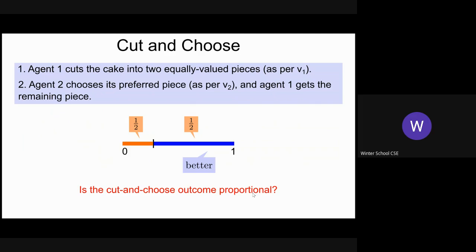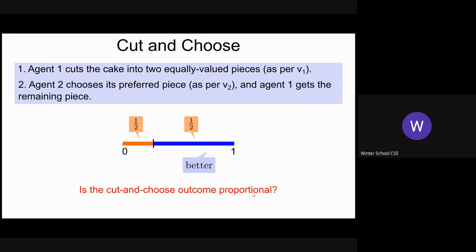Then the cut that I'm going to make is also going to be around the halfway mark over here. Does that make sense? So whatever your value function is, you make a cut according to that. It doesn't have to be exactly between 0 and 1. It could be anywhere depending on your preferences.